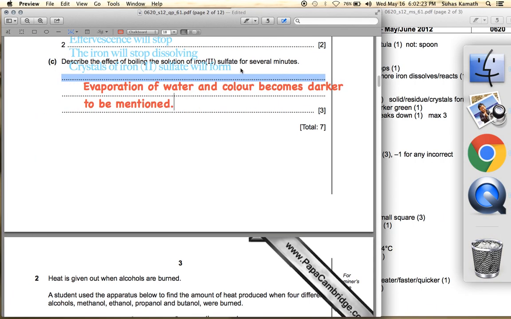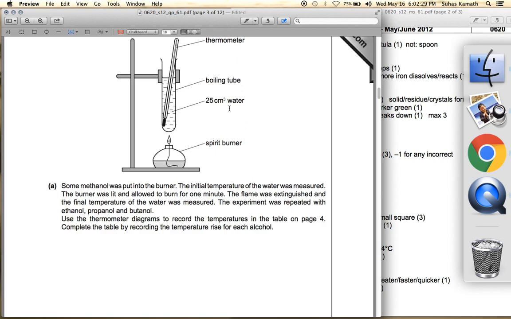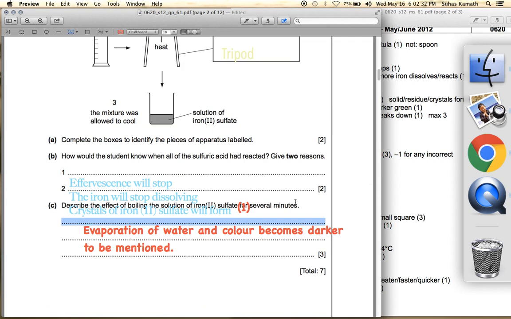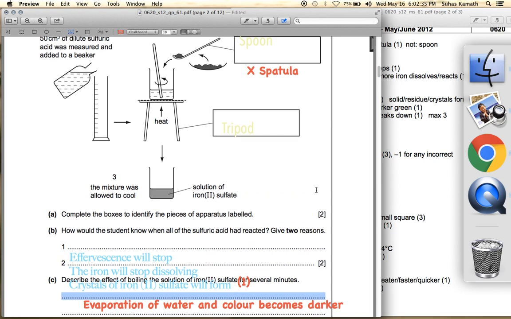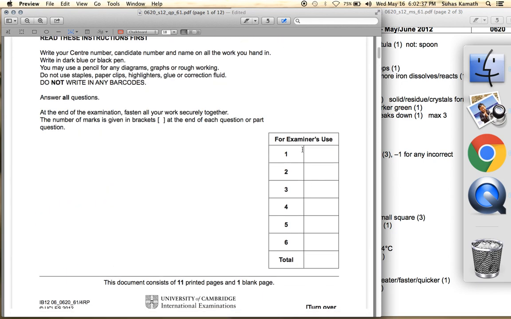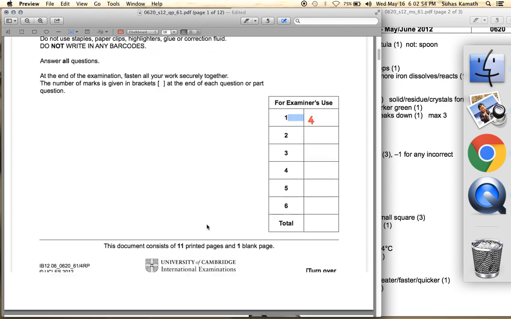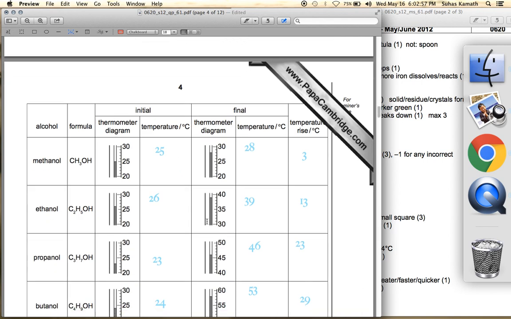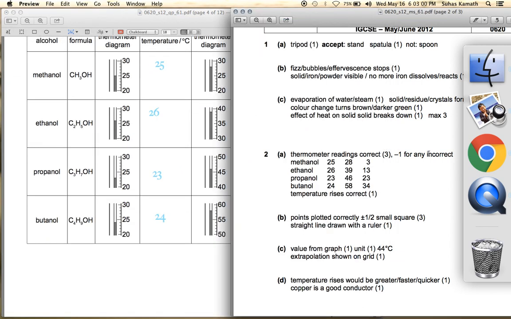And then so how much did I get here? 1 mark, 3 marks, and another mark, 4 marks. 4 marks. So number 2. So 25, 26, 30, 23, 24.